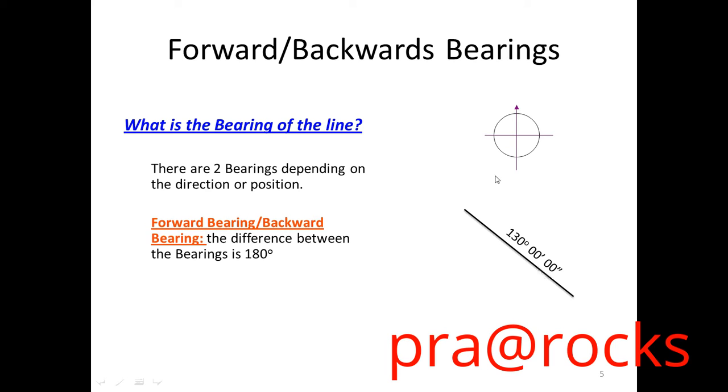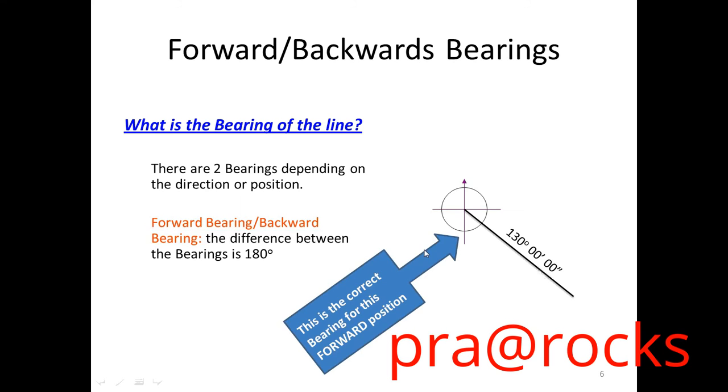If I were to take the compass rose and place it on the top of the line, we would see that the bearing of 130 degrees 00 minutes 00 seconds makes sense because it happens in the right quadrant. We have 0 as north, 90 degrees, 180, 270, and 360. Now, 130 fits right between 90 and 180 degrees, so it makes sense that it is in that quadrant. That is a forward bearing.